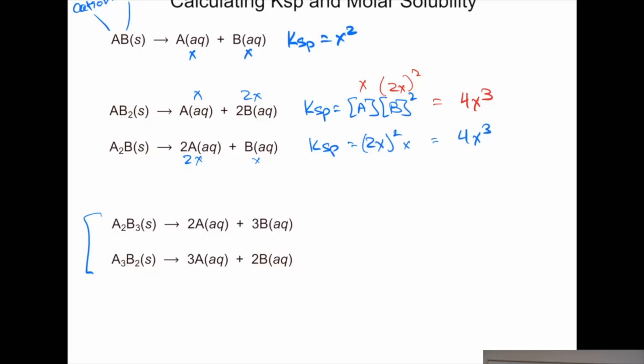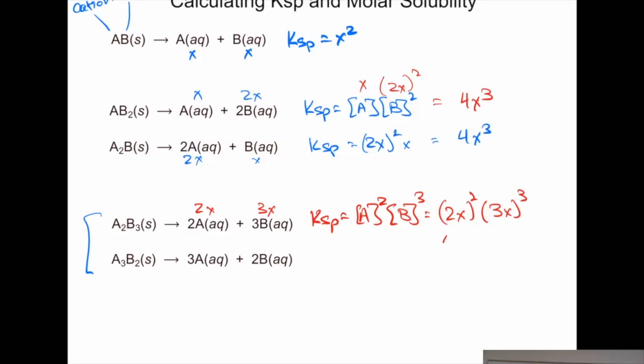All right, so A2B3 will break into 2x of A and 3x of B, and when we do the Ksp for that, it's going to be the concentration of A raised to the second power times the concentration of B raised to the third power. That's going to be 2x raised to the second power times 3x raised to the third power.